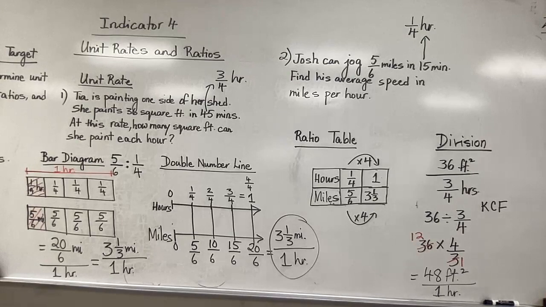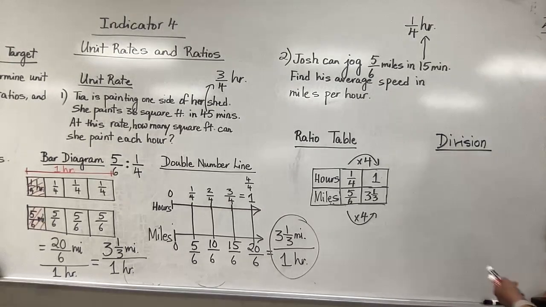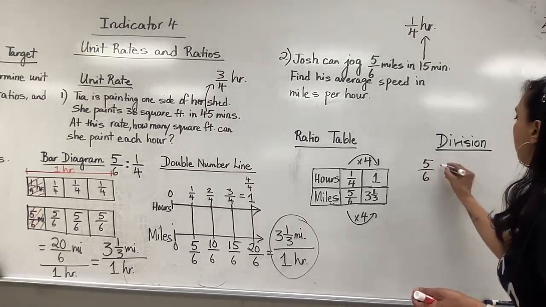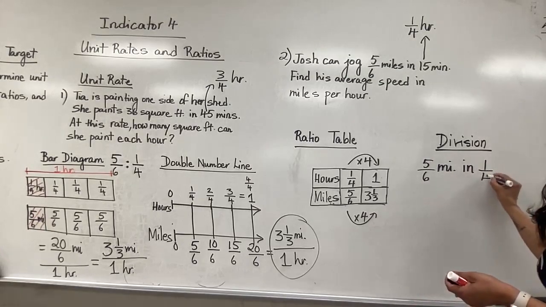All right, and then last is again making it into a complex fraction, because we have the division method. And in the division method, again, I have 5/6. The rate is 5/6 miles in 1/4 hour.